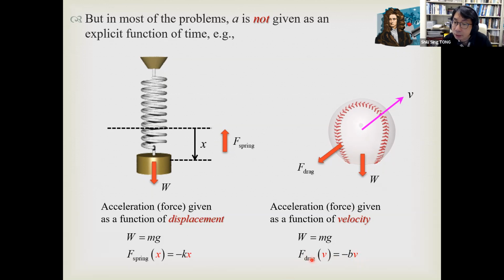So I can write the drag force as a constant b with a minus sign, multiplied by v to some power. In some special cases, the proportionality may be simply proportional to v, for viscous force. But again, you can see the force is proportional to the velocity or some power of the velocity. It is not given as a function of time.